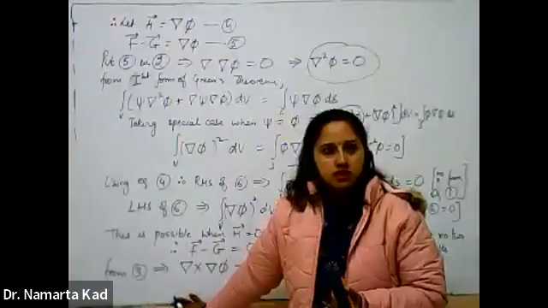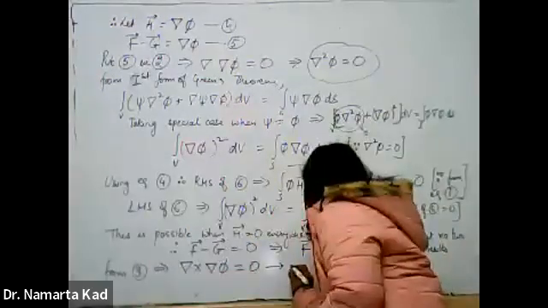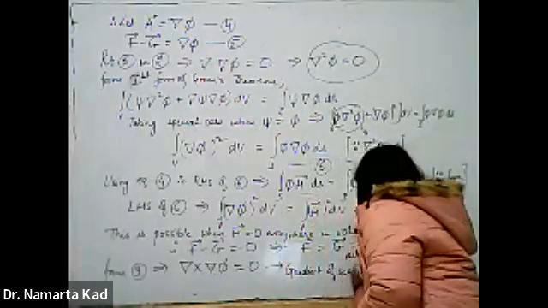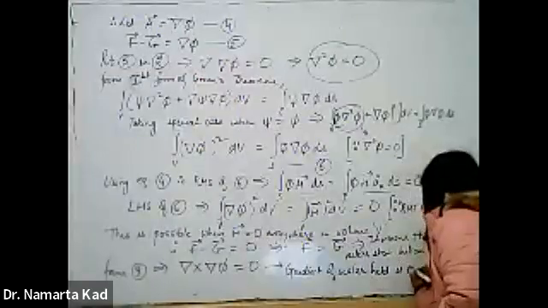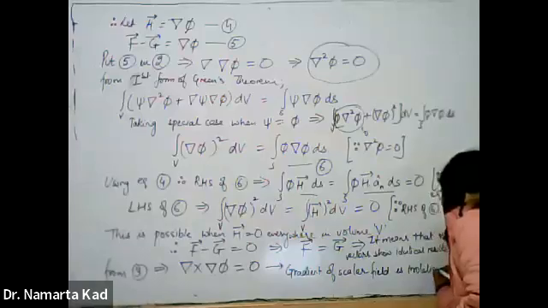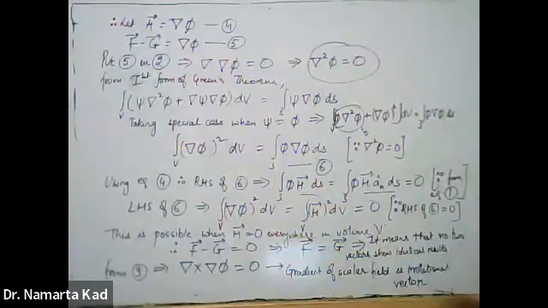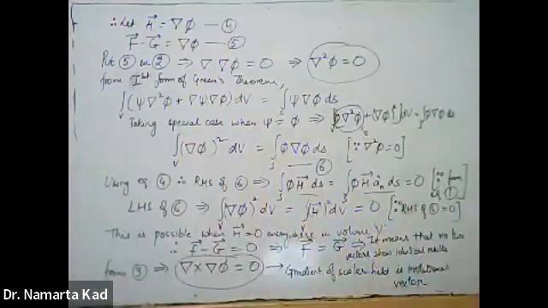Okay, so just write down here: gradient of scalar field is irrotational vector. This is one of our identities also.